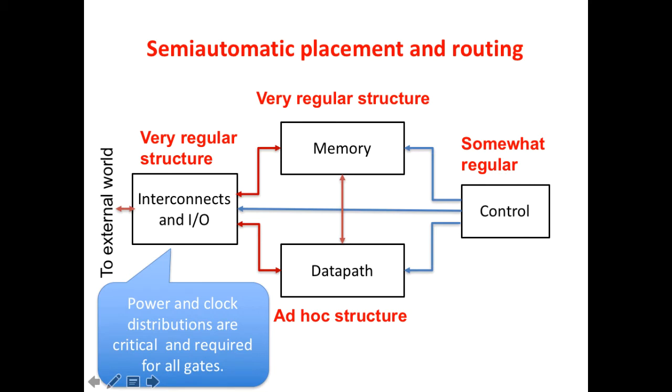In addition to that, we have the other two blocks that are much less regular. Now, I wrote that the control block is somewhat regular. As I mentioned, it is a finite state machine. And all the finite state machines typically have a pretty regular structure, and are pretty similar from microprocessor to microprocessor.